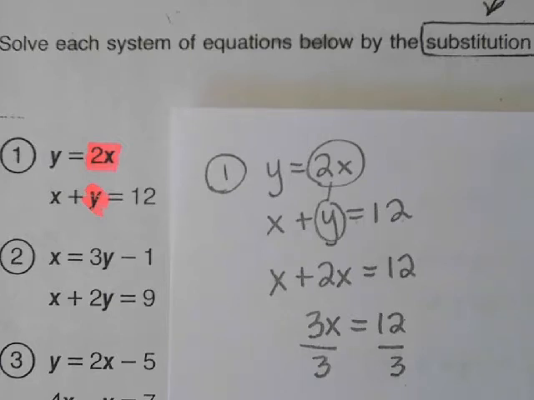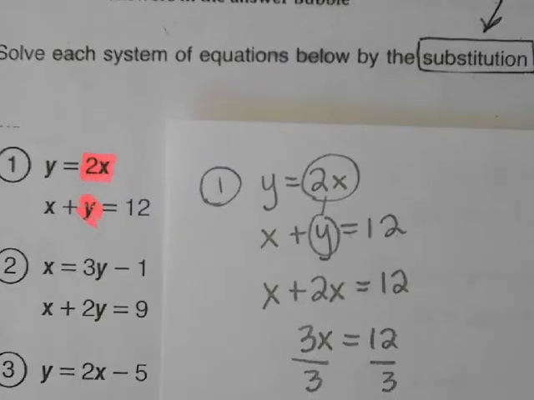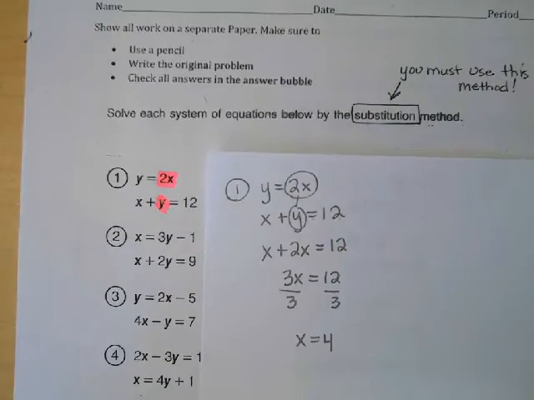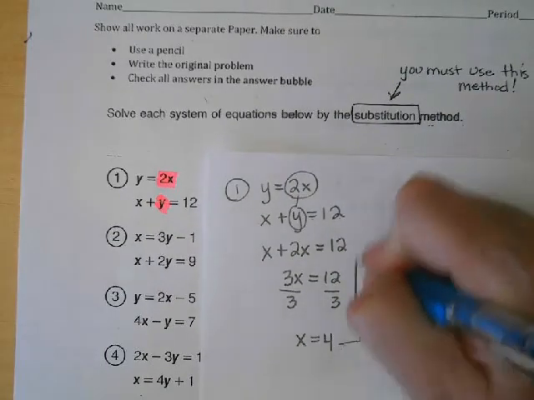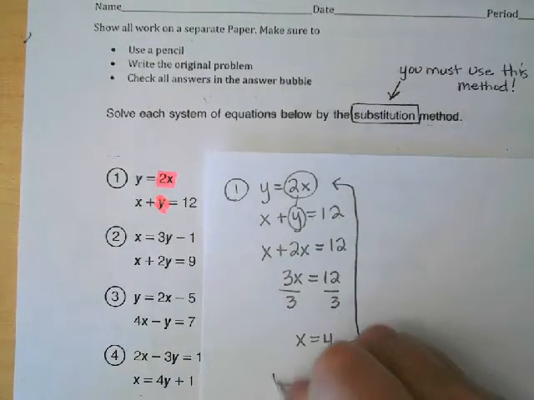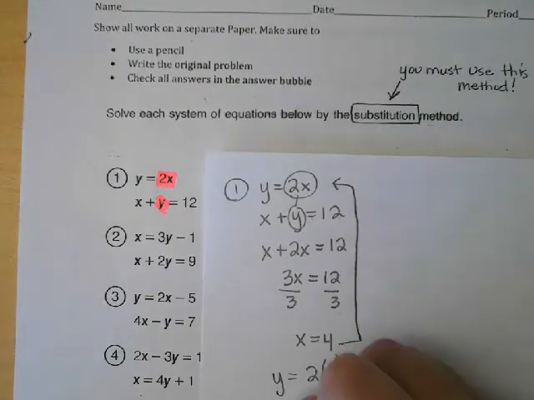So I got to get a y value. So in order to get the y value, I'm just going to take this x, and I'm going to plug it right back in up here. So y is 2 times x is 4, so y equals 8.